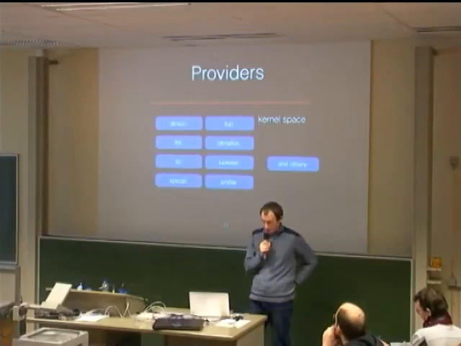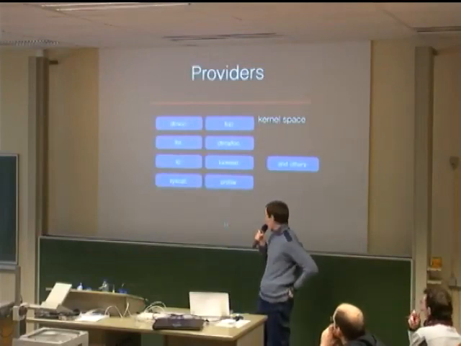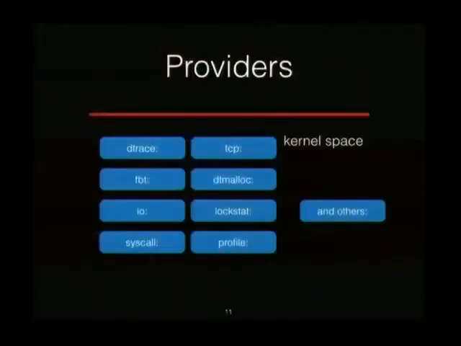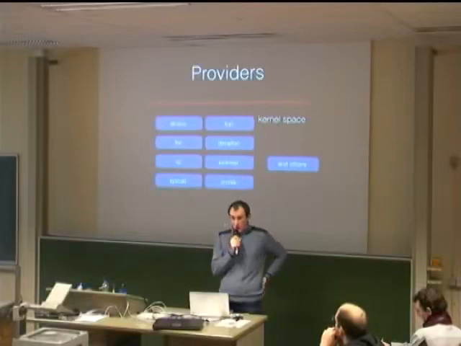These are the available providers on FreeBSD. Many different platforms depend on the kind of providers because it is not ported yet to many different systems. Linux has two, and FreeBSD, Solaris, and OS X have many different providers to trace drivers and others.